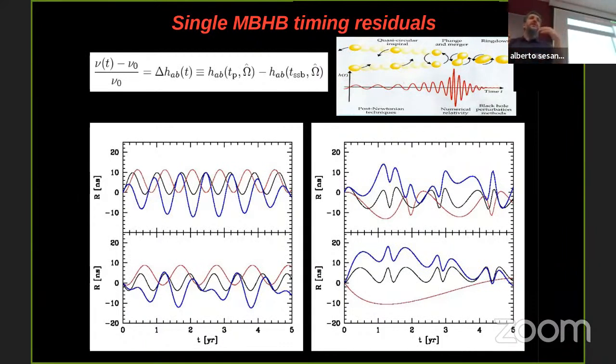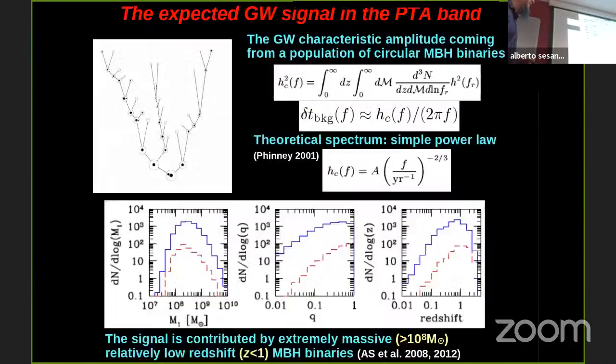Here, the universe is filled with these binaries. So by taking a picture of the sky, you will have sources emitting pretty much everywhere in the sky at different frequencies at different redshifts. So what you're going to see is a collection of signals coming from all those binaries.